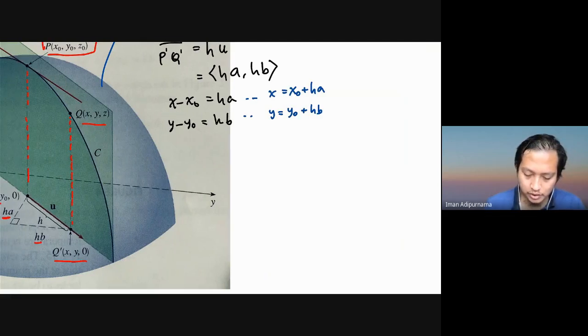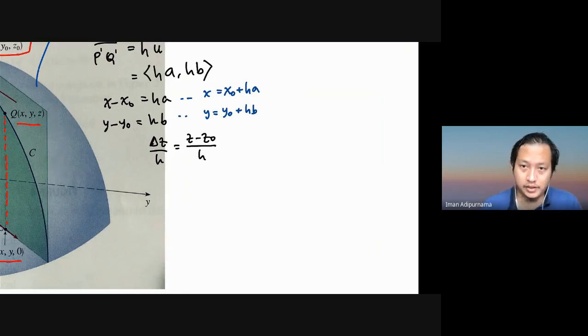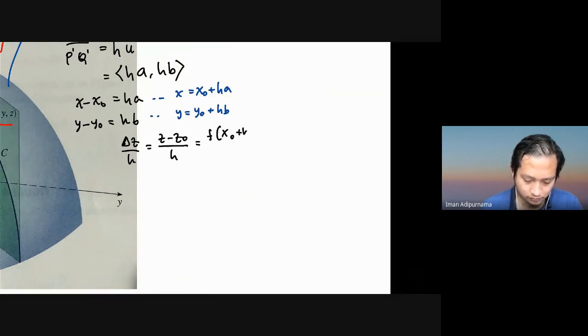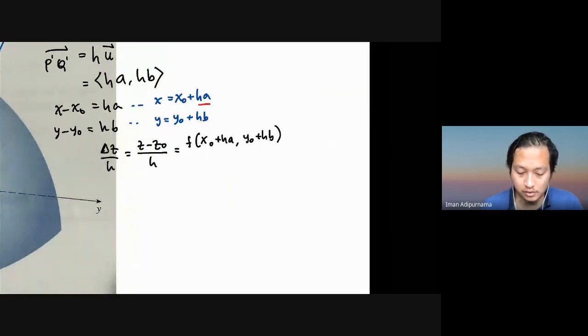Now, if we write this delta z, and see the difference with respect to h, we can plug in the x and y with HA and HB, which are the component vectors from the u, A and B, right?